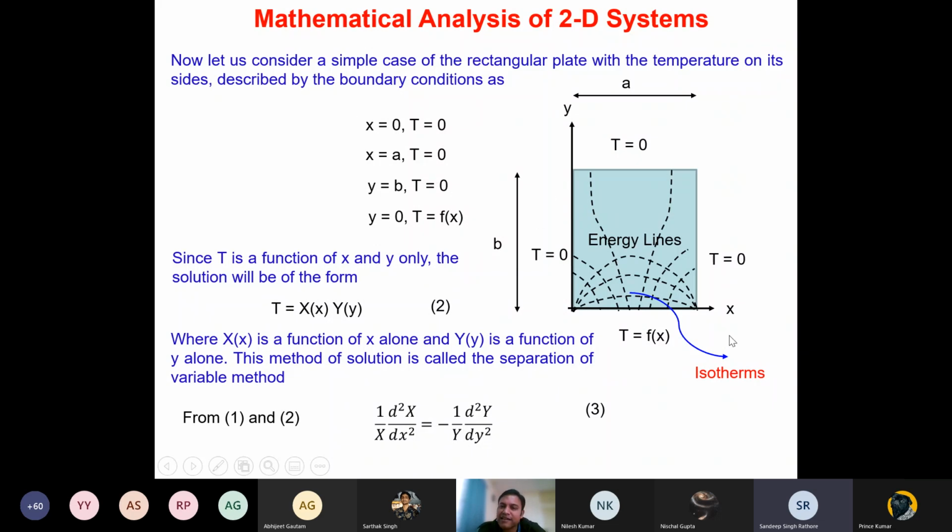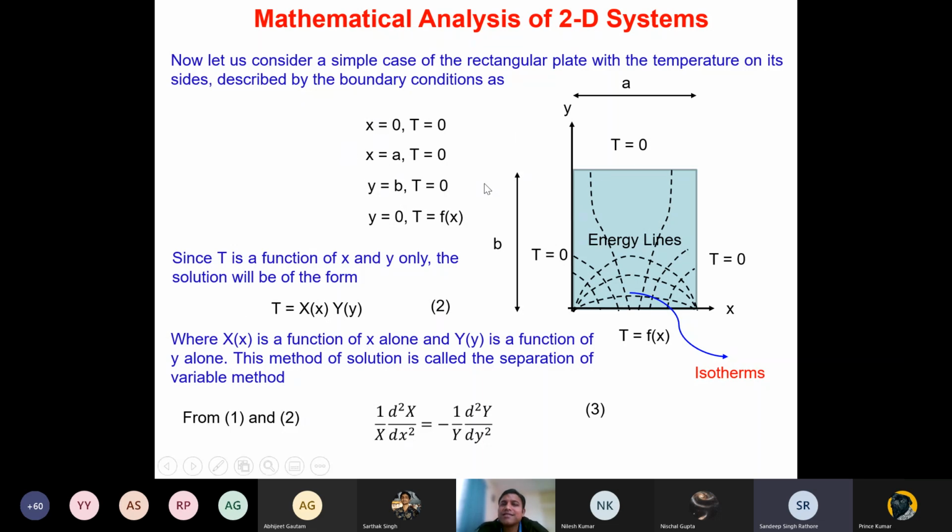So as I said, this flat slab has a length of A and a width of, let's say, B. Again, the temperature at these three sides is T equals 0, and here the T is f of x, and this f of x is any function. It could be linear, it could be exponential, it could be sinusoidal, isn't it?